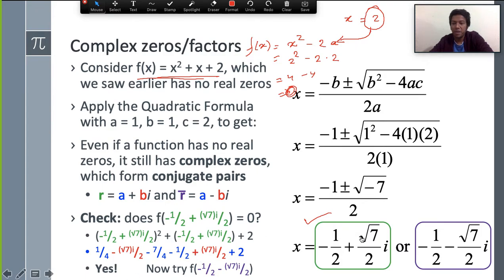Answer is 0. And if you try with the other zero, that will also make it 0. You can put this value here and follow a similar pattern of calculation. You will see the answer will come 0. That is what it is telling us.